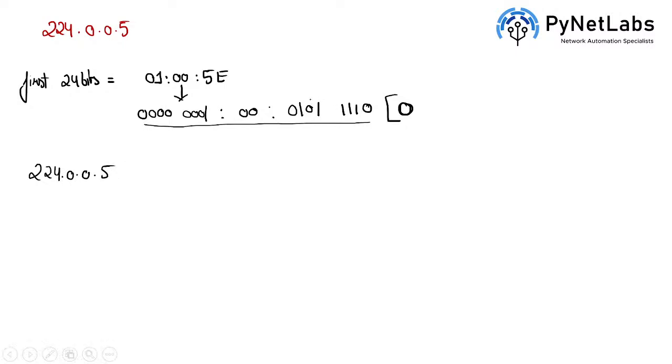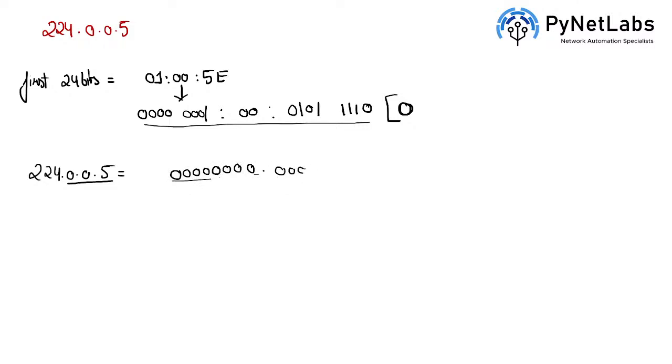If we convert this multicast IP address into binary form, we will get something like this. For the last 24 bits I'm going to calculate only. The last 24 means this 0.0.5 I'm going to convert. For the very first we get 8 bits, 1, 2, 3, 4, 5, 6, 7, 8.